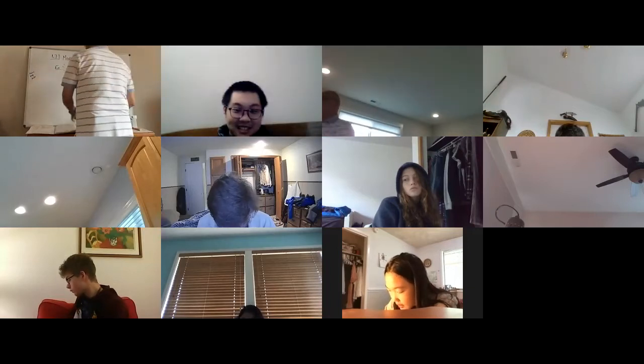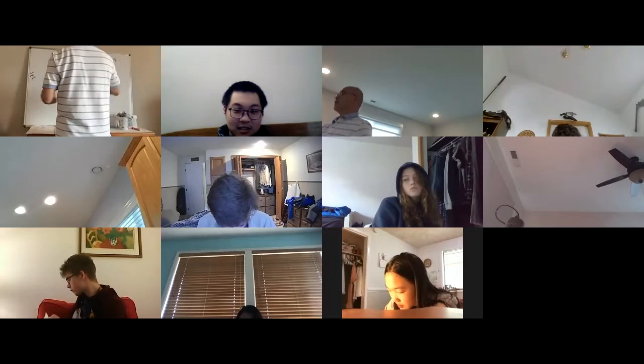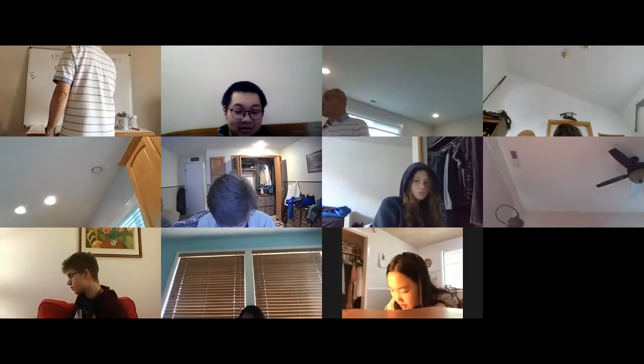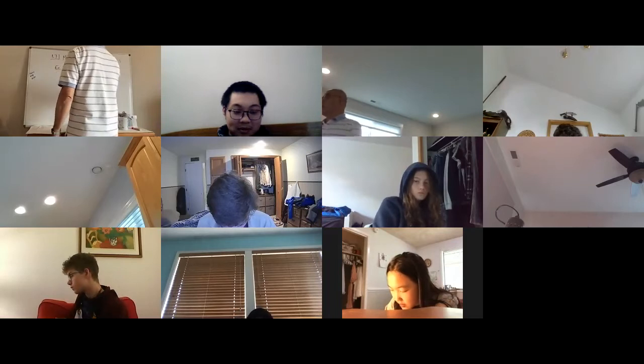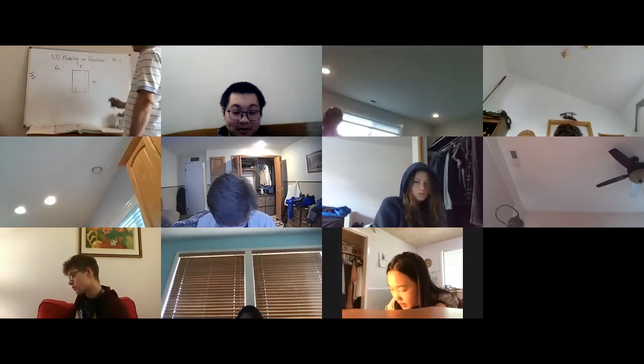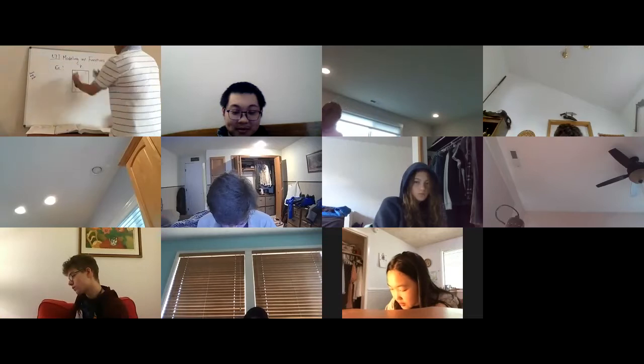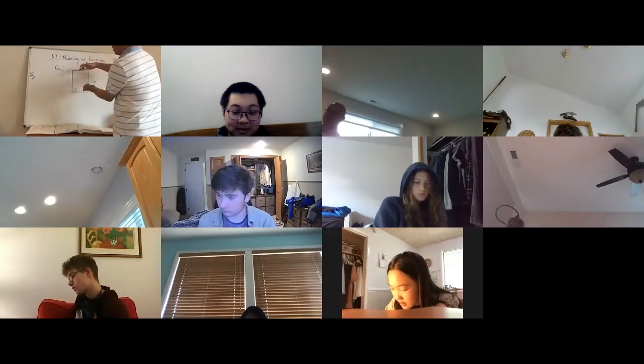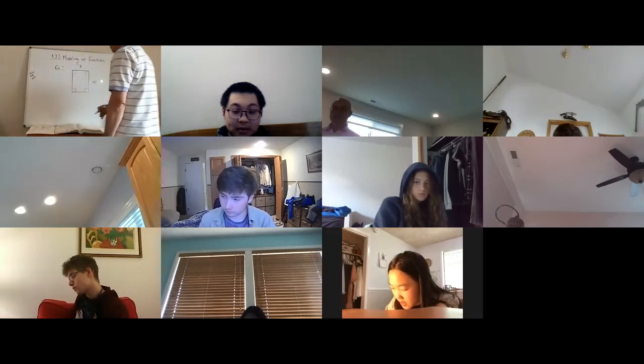Okay, so you have 8 by 15, and you're going to cut out an x by x square here. You're going to cut these 4 corners out. You're going to fold the others up to make it a box.